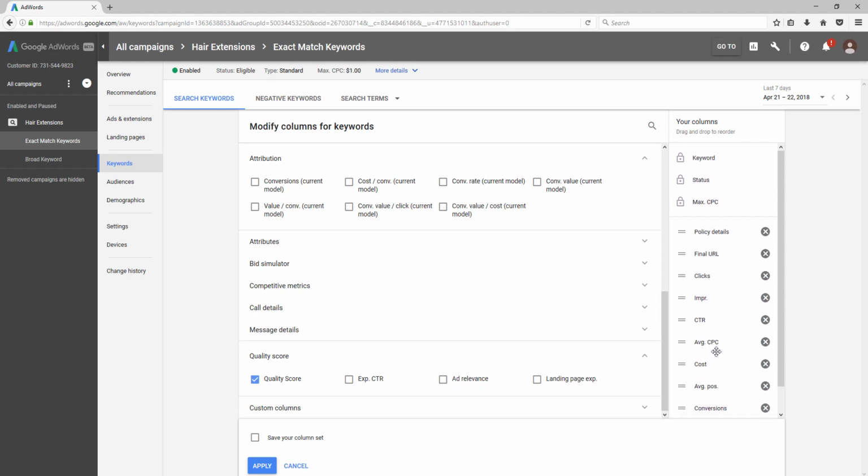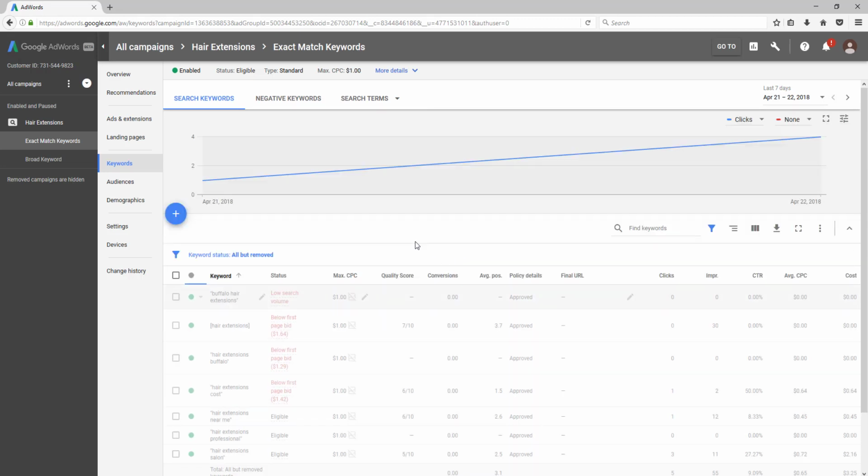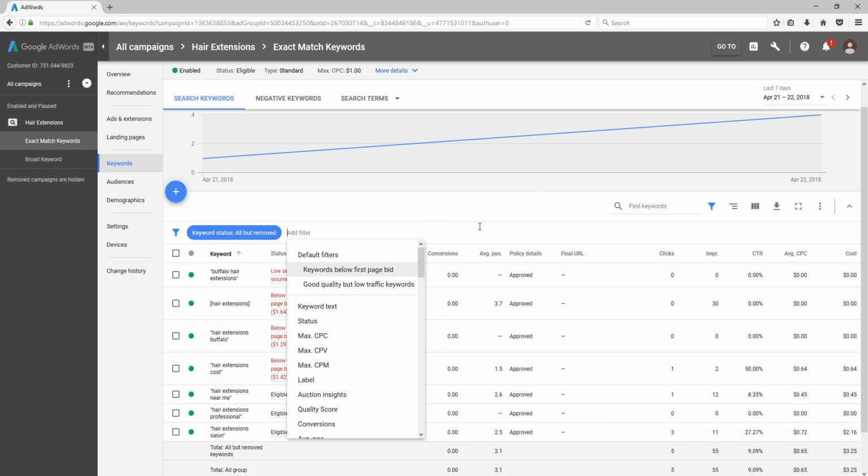Then I'm going to move all these up a little bit because these are important to me. So let me do that and apply this. And now I have some decent data on what I am looking for, and this is going to tell us a lot of things as a manager.